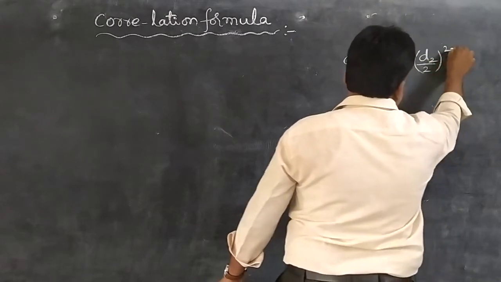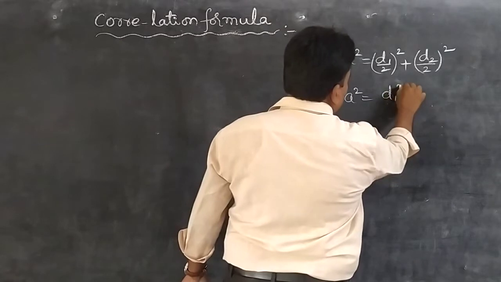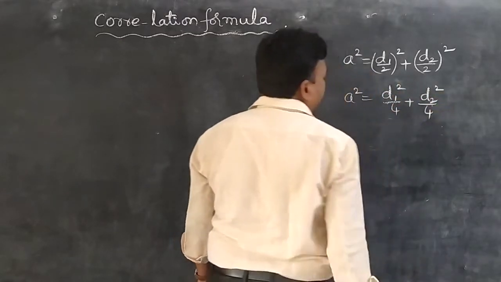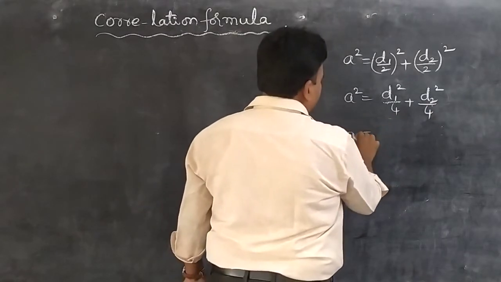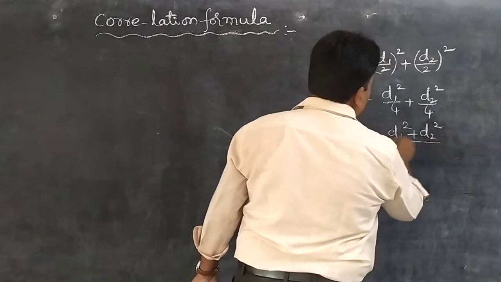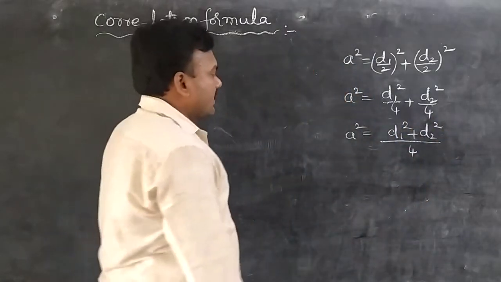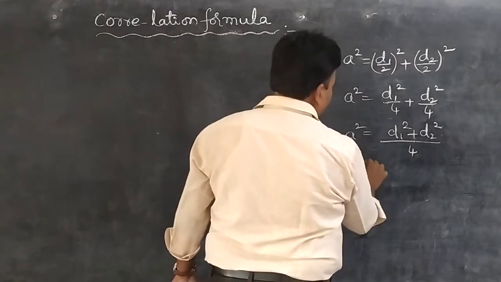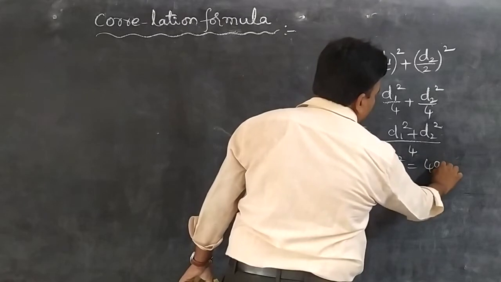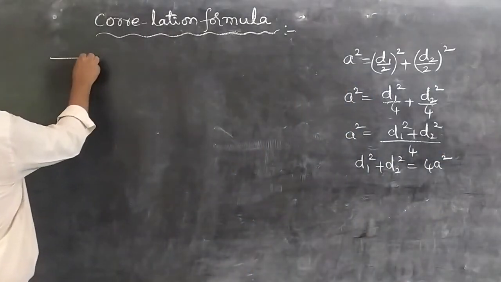Expansion here, students: A square equals D1 square by 4 plus D2 square by 4. 4 is the LCM of the denominators. Then A square equals (D1 square plus D2 square) by 4, same denominator. The 4 transfers to the right side. What you get finally: D1 square plus D2 square equals 4A square. By using this, students, correlation formula.